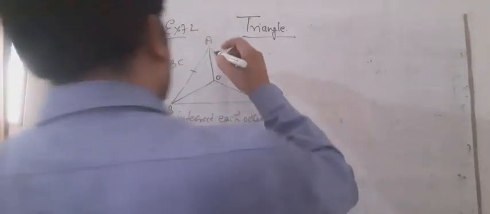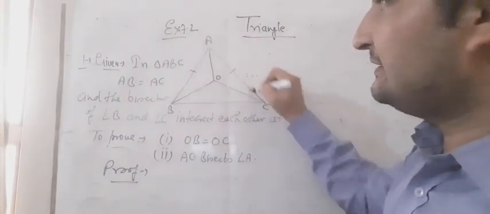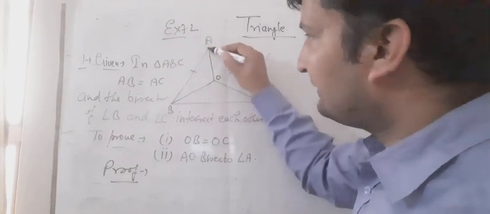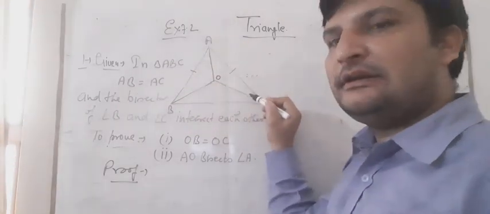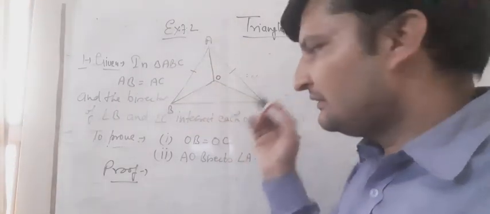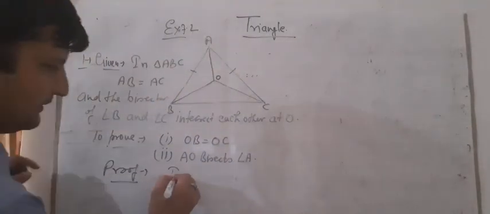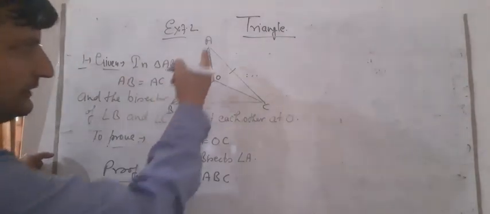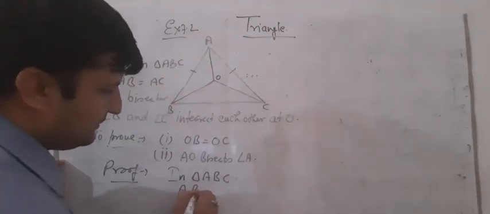Student, in this question it is given that AB is equal to AC. I have told you in the theorem that when two sides of a triangle are equal, the opposite angles are also equal. So what we will say is that in triangle ABC, it is given that AB is equal to AC.